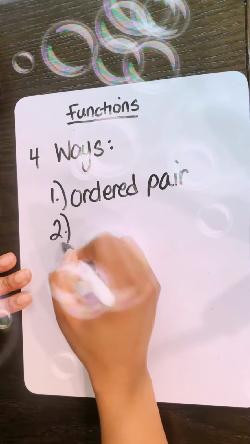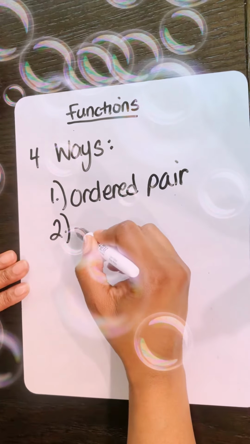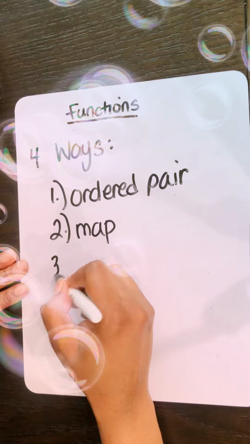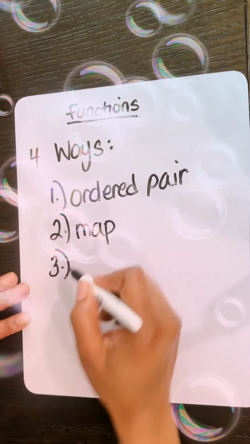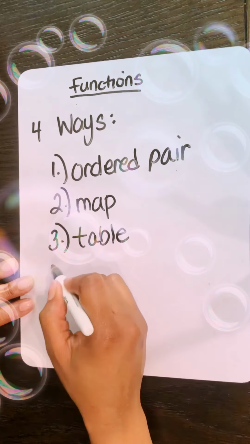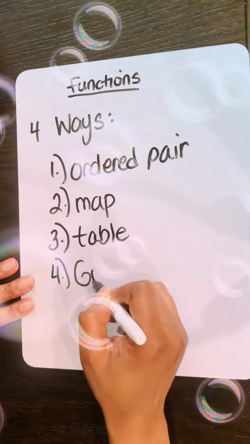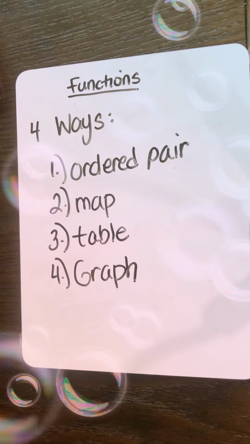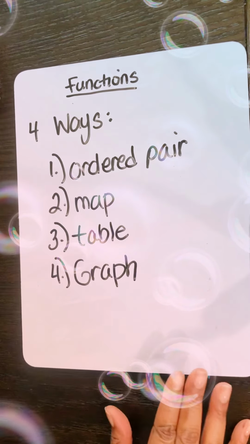The second way that a function can be demonstrated is through what we call a map. The third way is through a table. And then the fourth way is a graph. Okay, each of these functions have an input and an output.